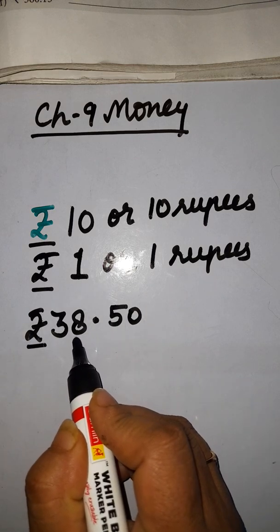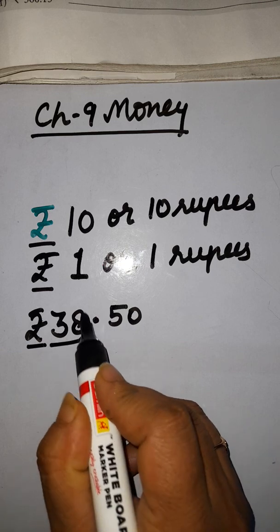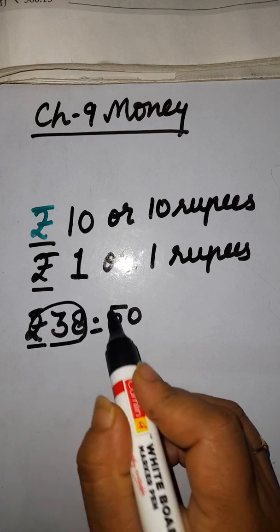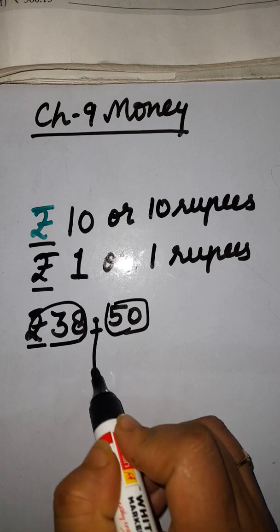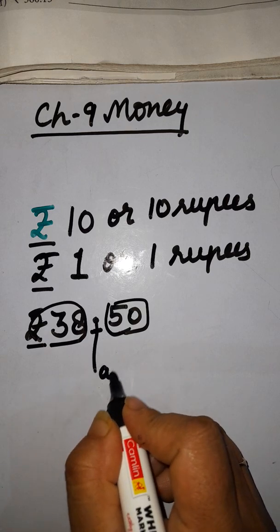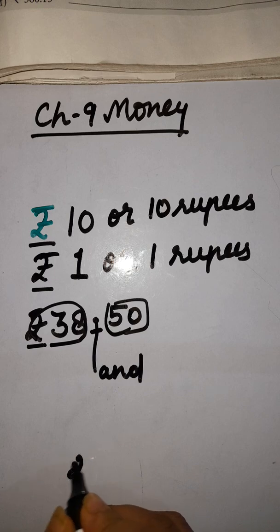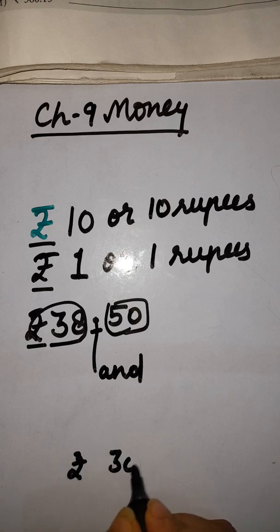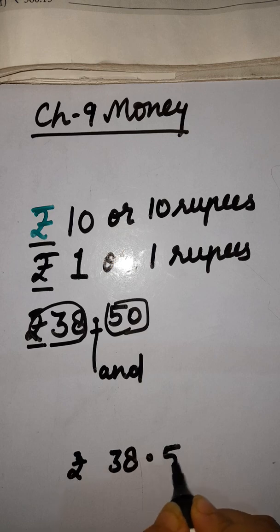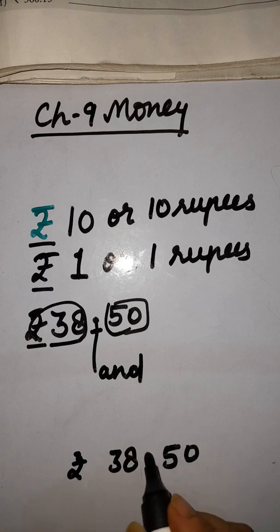This is 38 rupees. This one is rupees and 50 paise. This decimal denotes and. Okay. Like rupees 38 and 50 paise.